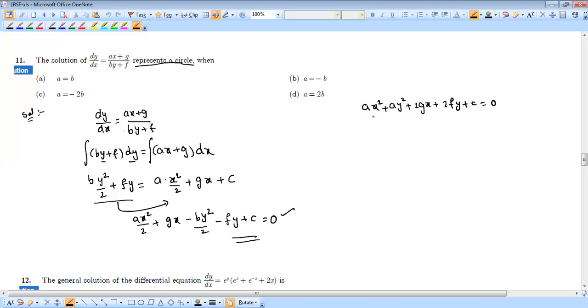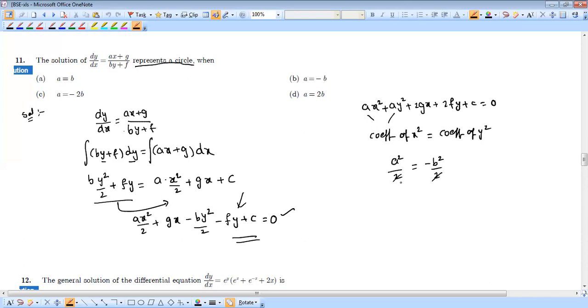Actually, the equation of the circle will be without a only. For understanding only, I am taking a. And from here, I am trying to say the coefficient of x square and the coefficient of y square should be the same. It means a by 2 is equal to minus b by 2.